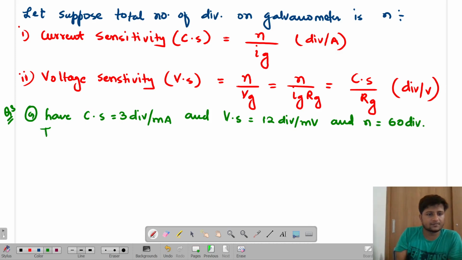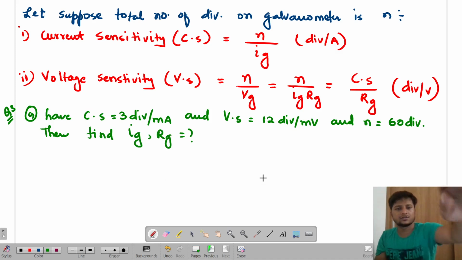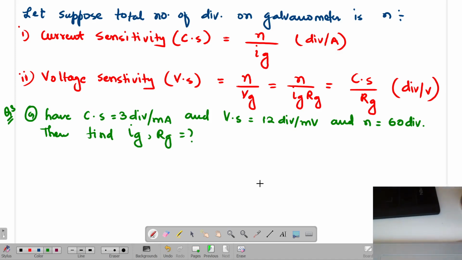Then find max galvanometer current and max galvanometer resistance. Do it fast. So I'm taking a 2-minute break. Try to do it fast, okay?